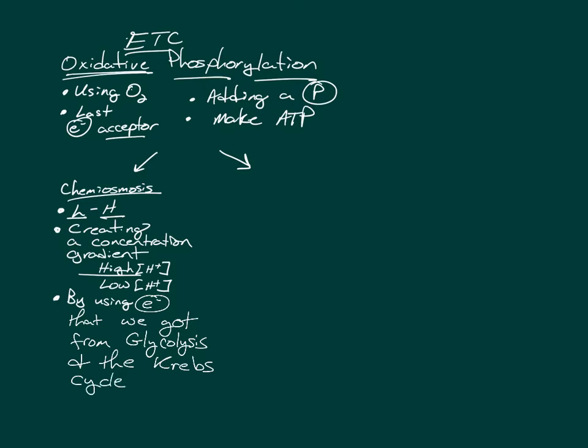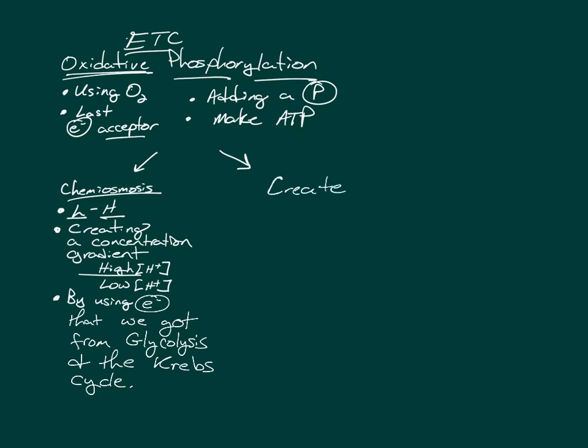And remember, that could be called the citric acid cycle. I don't know what they're going to put in the course exam, but it could be citric acid or TCA. But it's the Krebs cycle is what we're going to call it. So that's chemiosmosis.